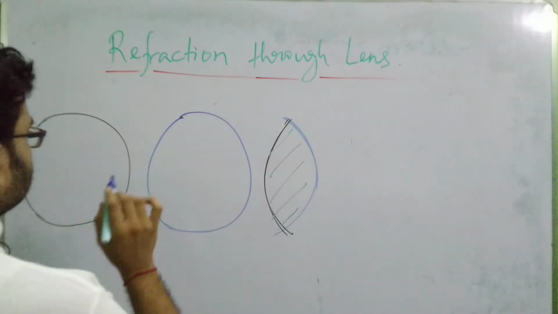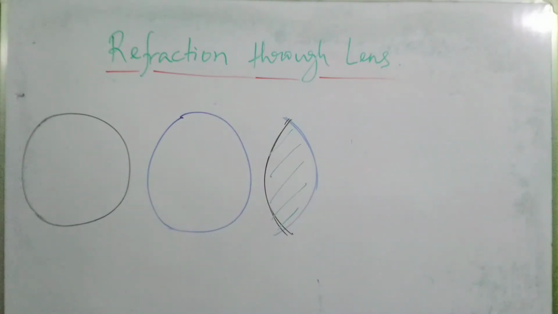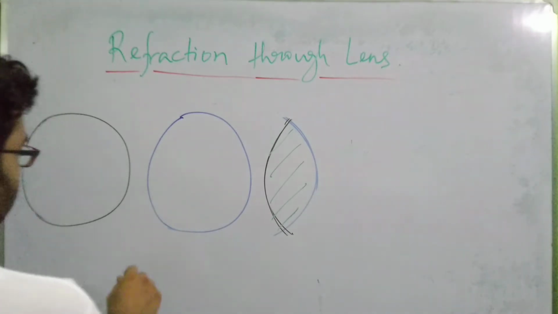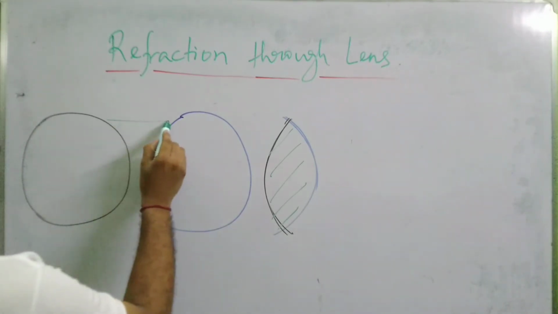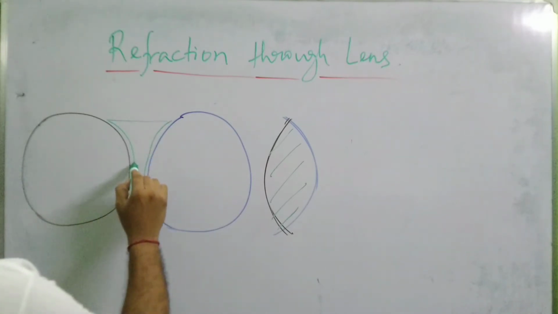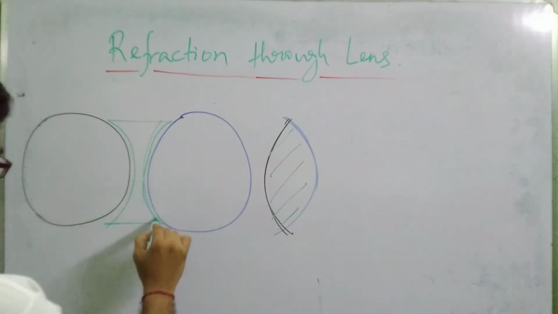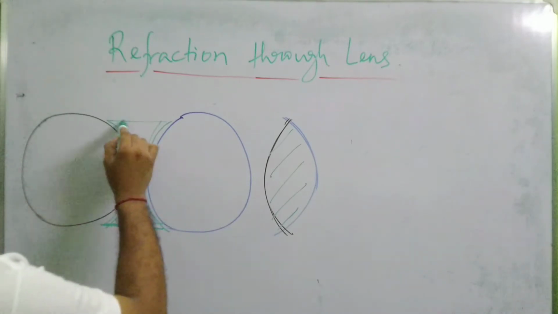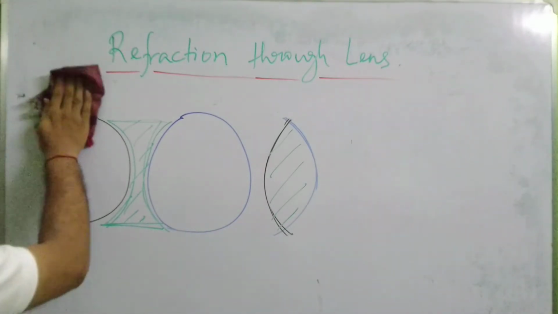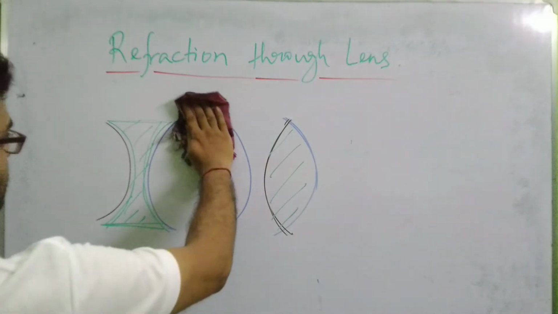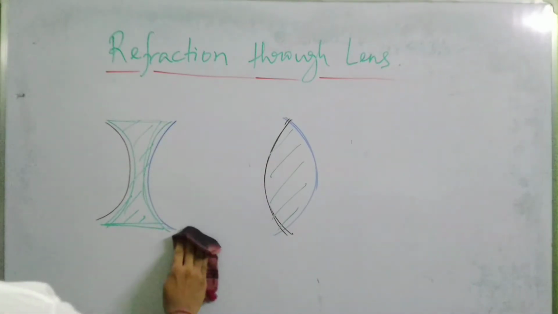Please ignore the shape of the spheres, consider the concept. If I consider these two spheres and the region in between, this portion, then this portion again forms a lens. If you erase the rest like this, this again becomes a lens.